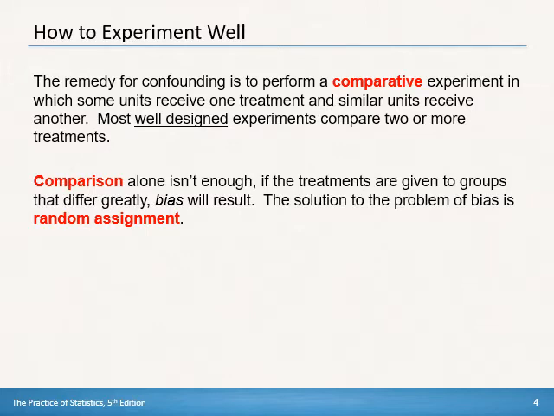We want those groups to be the same as much as possible, so that the only thing different in the two groups is the different treatments. And that way, if there's a difference in the response with these two groups, we can say that it was caused by the imposition of this treatment versus the other group that didn't get the treatment.